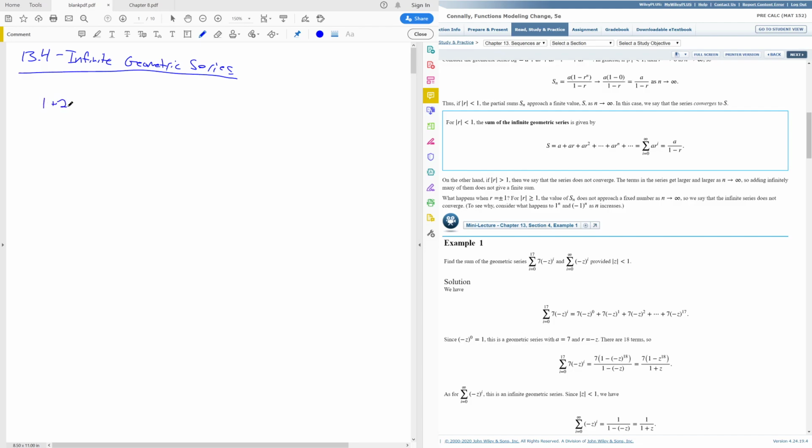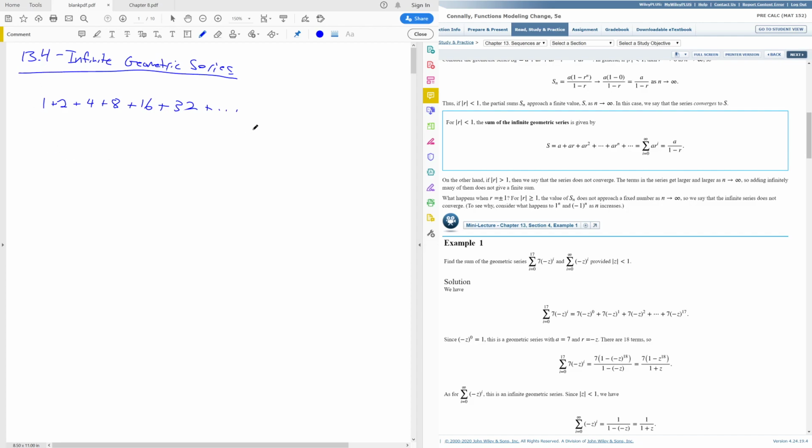Actually, I'll do a series. We'll just add them up, right? Okay, so what's happening here? This is a geometric sequence. The ratio between each term is 2, and we're adding up all the terms, and it's going on forever.